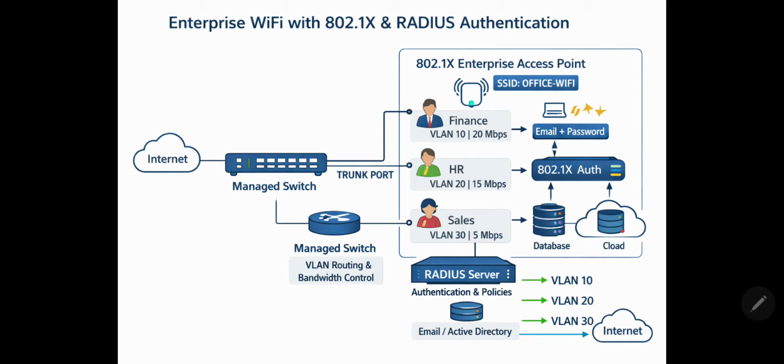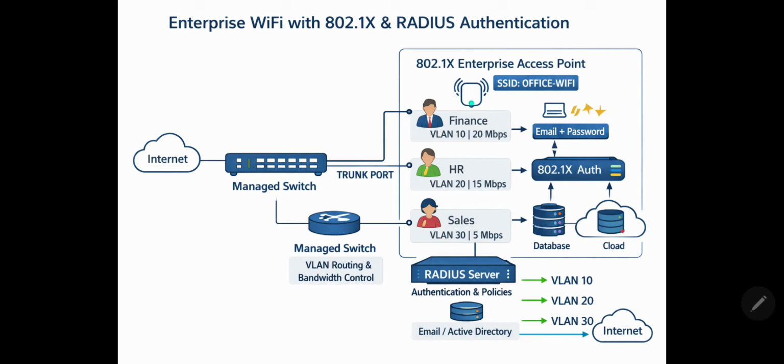This allows better security control, internet usage control, and clear separation between departments such as finance, HR, and sales. This approach helps companies protect sensitive data, manage bandwidth efficiently, and easily control user access as employees join or leave the organization.